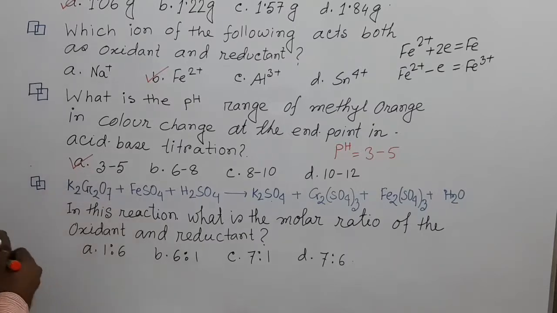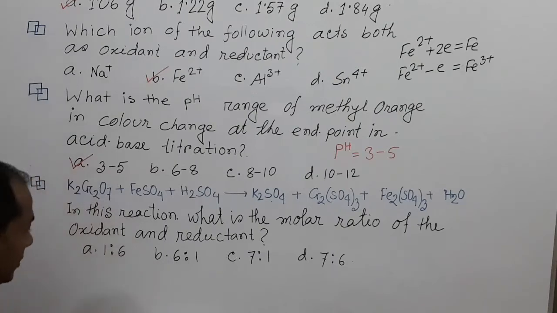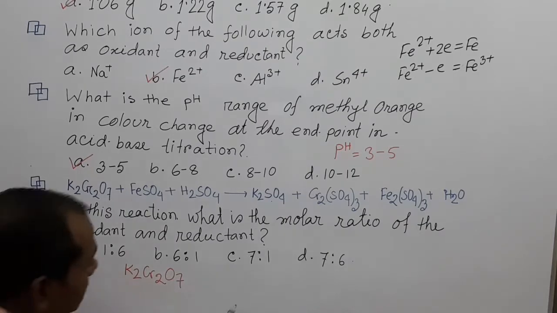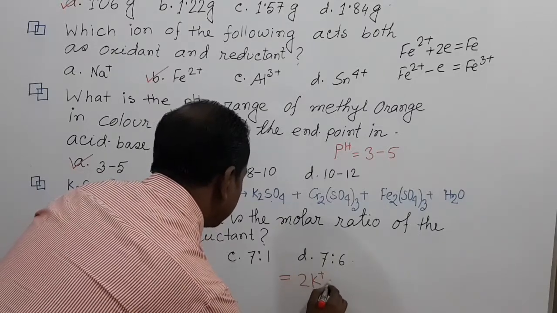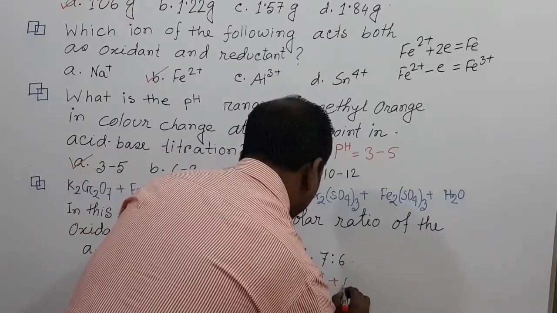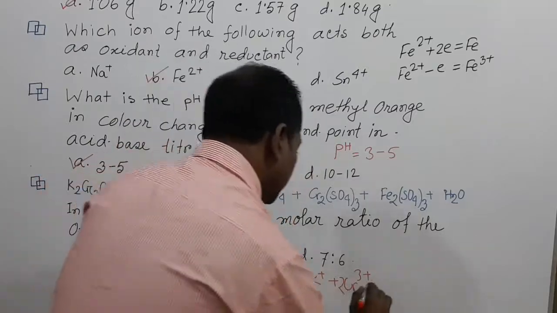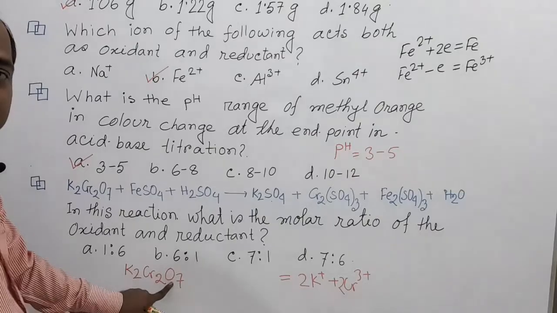My dear students, if we see potassium dichromate, K2Cr2O7, reacts and it produces 2K+, 2Cr3+, and here 7 oxygen are present.